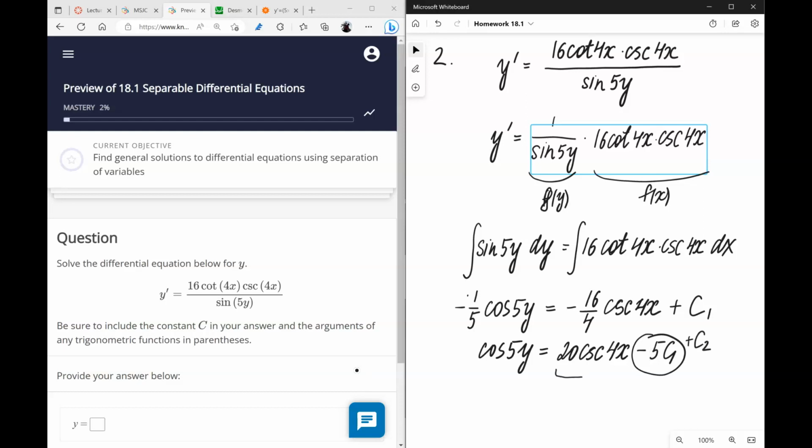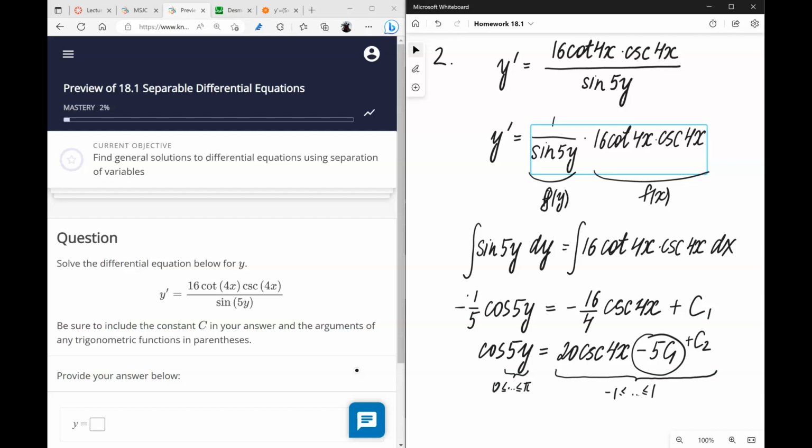Now, assuming that this is between 1 and negative 1, we're going to apply the arc cosine function to both sides, and that's also only going to be true if 5y is between 0 and pi.